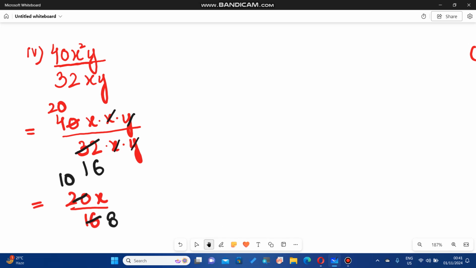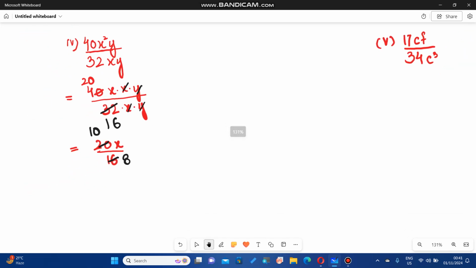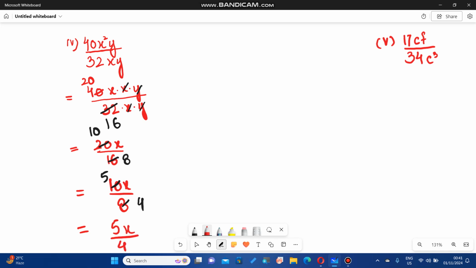You are left with 10x divided by 8. 2 times 4 equals 8 and 2 times 5 equals 10. What is your answer? You are left with 5x divided by 4.